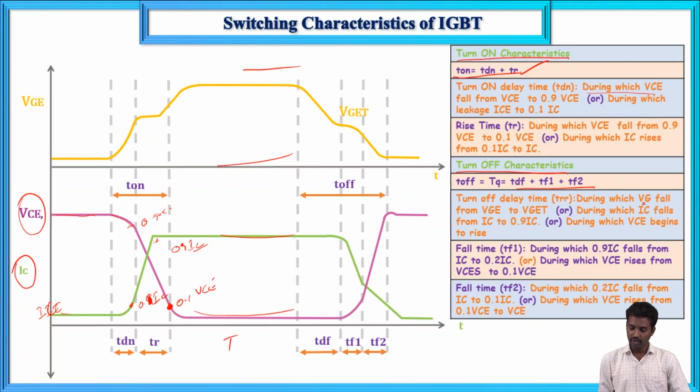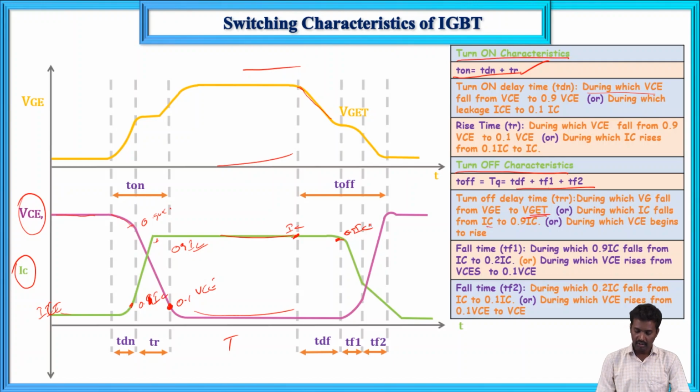Turn off delay time is the time during which VG falls from VGE to VGT, the gate emitter threshold voltage, and IC falls from IC to 0.9 IC.